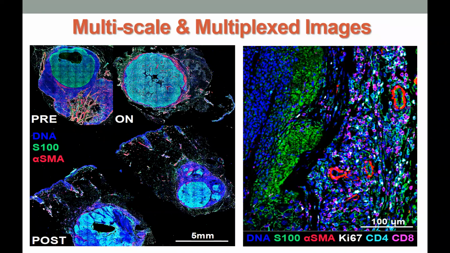One of the advantages of using a principle similar to immunofluorescence is that we can do very low resolution, like we demonstrate here, a whole tumor scan, where you can see the structure of the tumor, or we can zoom in to single-cell resolution to see the fine structure.